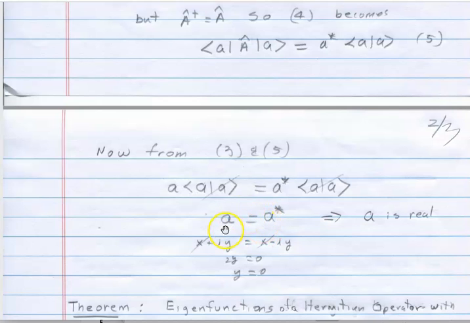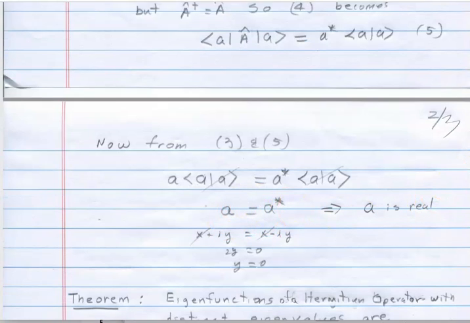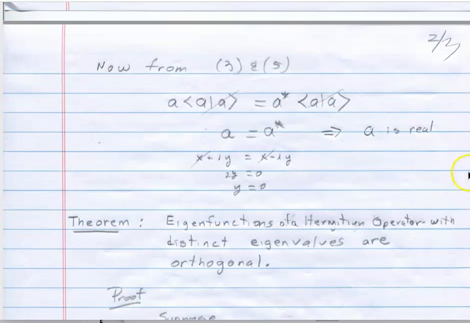A has to be equal to the complex conjugate of the eigenvalue. And that only occurs if you write this one as x plus iy, and this one as the complex conjugate of that, and that only occurs if y is 0. And so there's no imaginary part here, and so A is real.